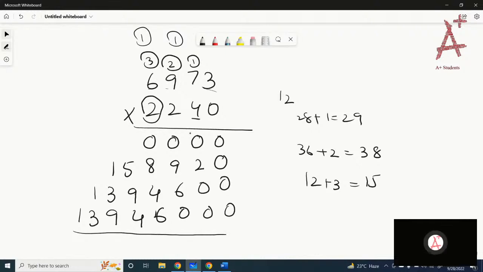Now you have to add these numbers. So here you have 0, then you have 2. 9 plus 6 is 15.